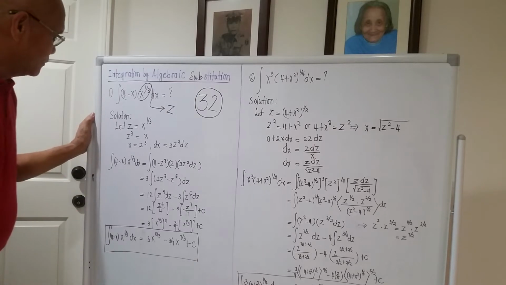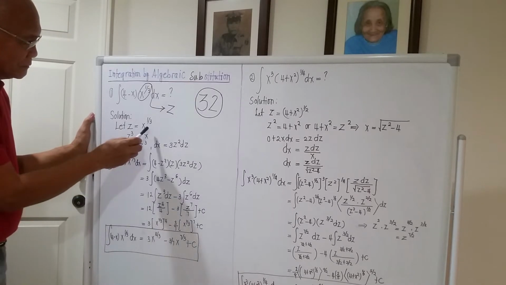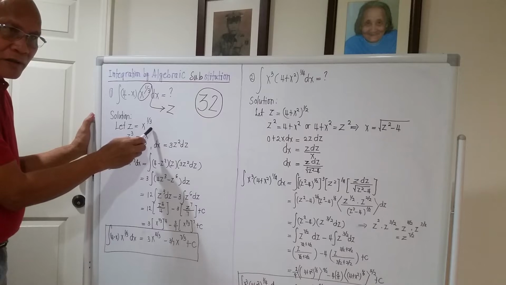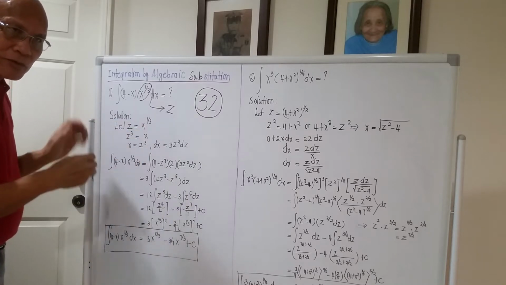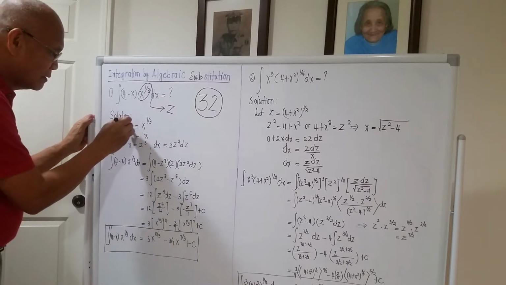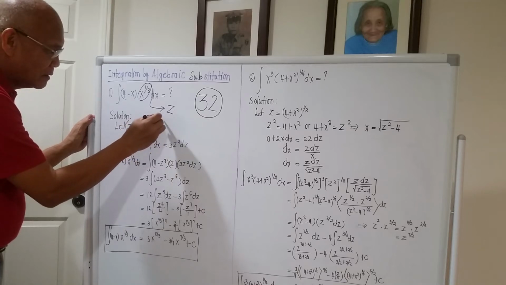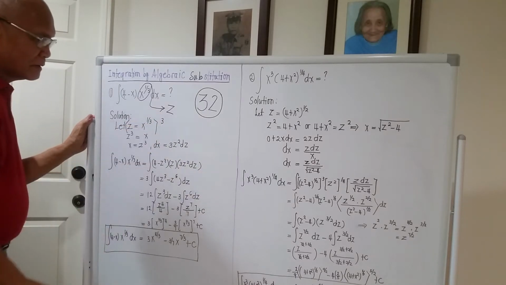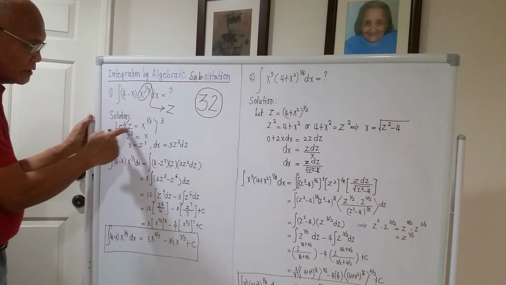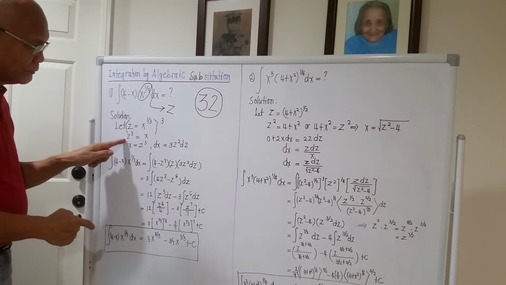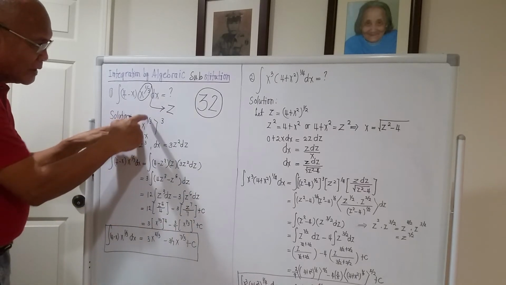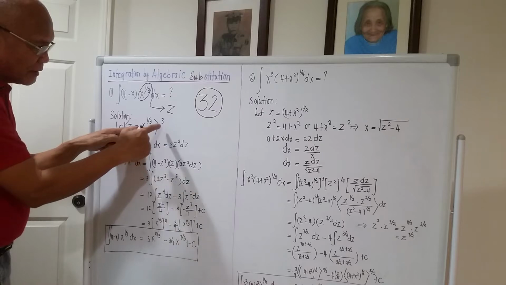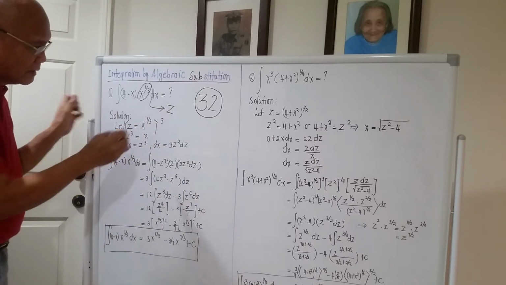Proceeding with the solution. Raise both sides of the equation to the 3rd power. Z to the 3rd power is z cubed. X raised to the 1/3 raised again to the 3rd power.